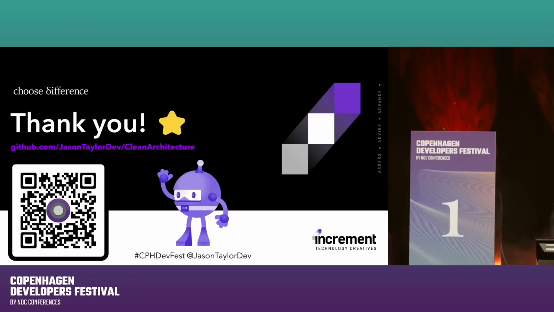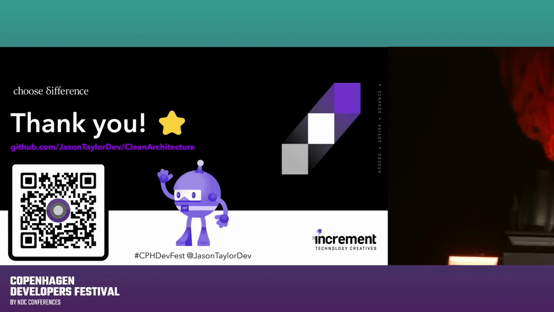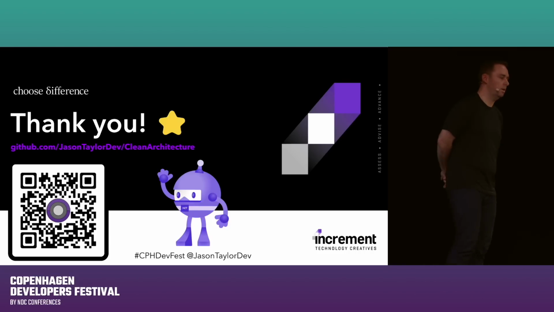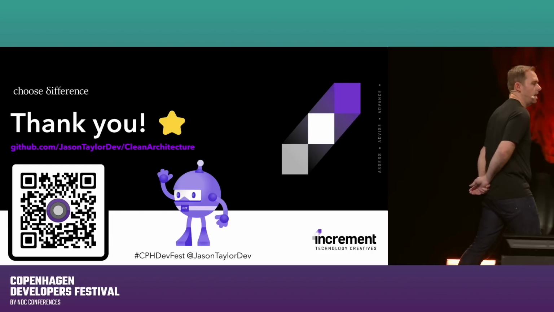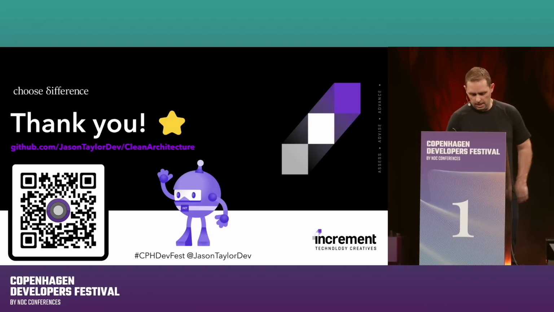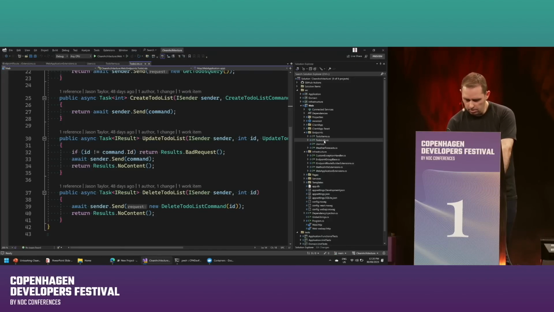Why do I separate them into separate? Two reasons. Why do I append the name of the method? Yes, that's right. So the question was, in the minimal API approach, let's see. I'm going to bring up the code.